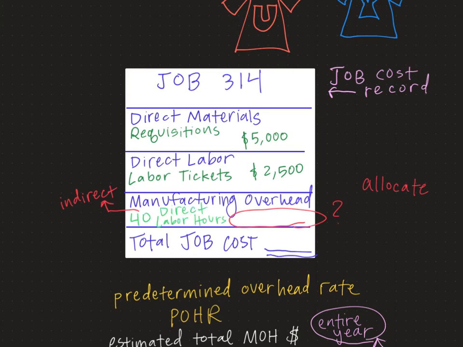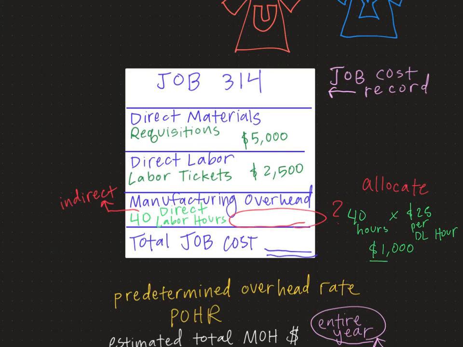Now we can do a quick calculation and say, okay, the job took 40 direct labor hours, and we're going to multiply it by our predetermined overhead rate, which was $25 per direct labor hour. Multiply those two together to come up with $1,000 of overhead to allocate to this job.